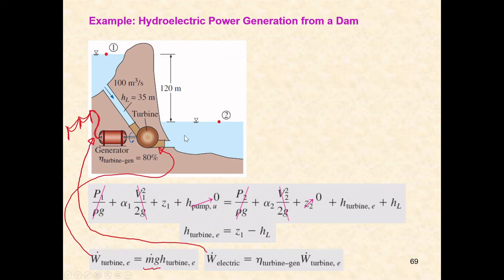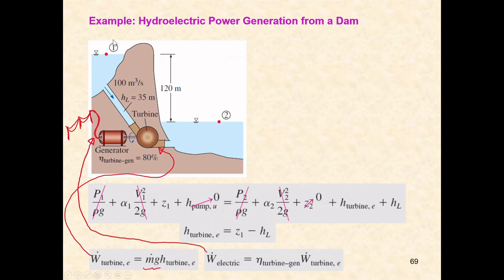Alright, and then here we don't have a pump, we only have a turbine. Then of course we have some loss. And then the elevation: we can assume Z1 is some distance above Z2. If we take Z2 as a reference point, then Z2 can be set as 0.